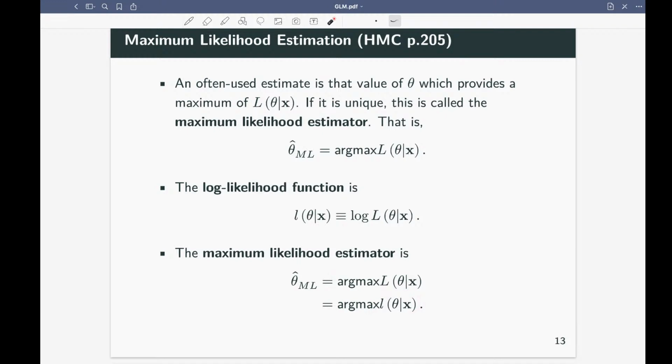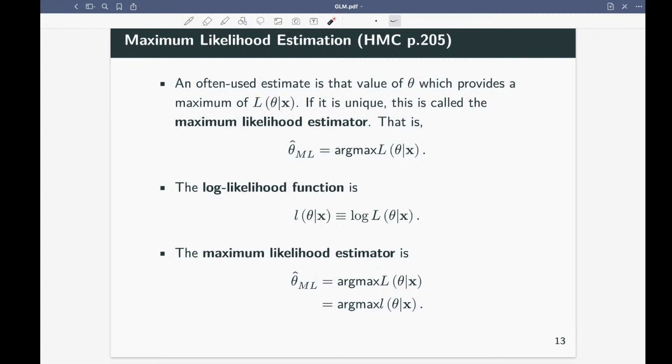We find the estimator such that we have the maxima of the log likelihood function here. Okay, so they are equivalent to each other. You can find a log likelihood function, or you can maximize the log likelihood function.